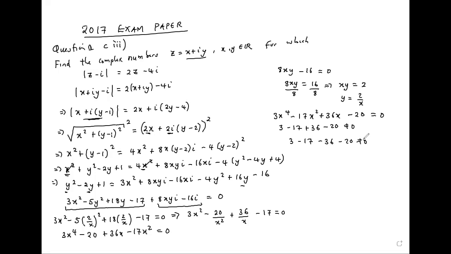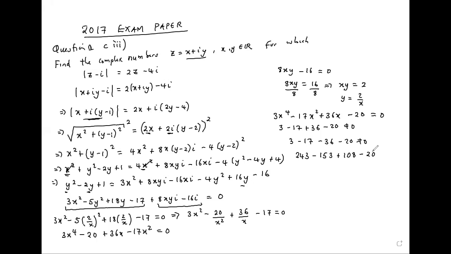So we have 3 power 4 is 81. 81 by 3, 243, minus 3 squared is 9. 9 by 17, 153, plus 36 by 3, 108, minus 20. Yeah, it is not 0.